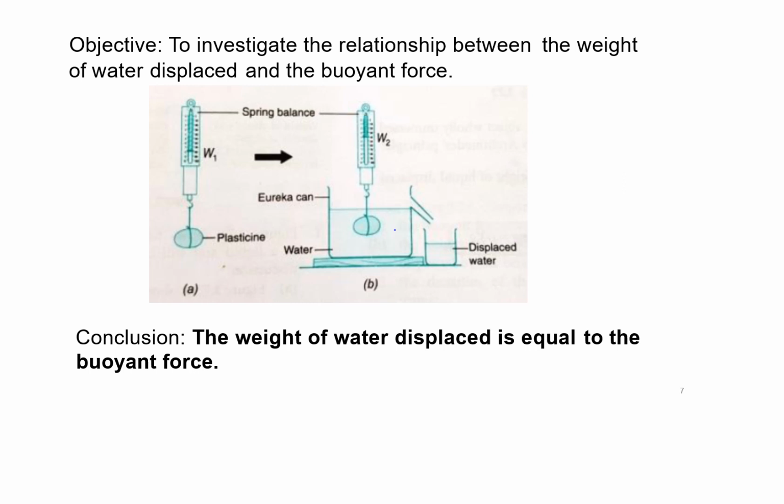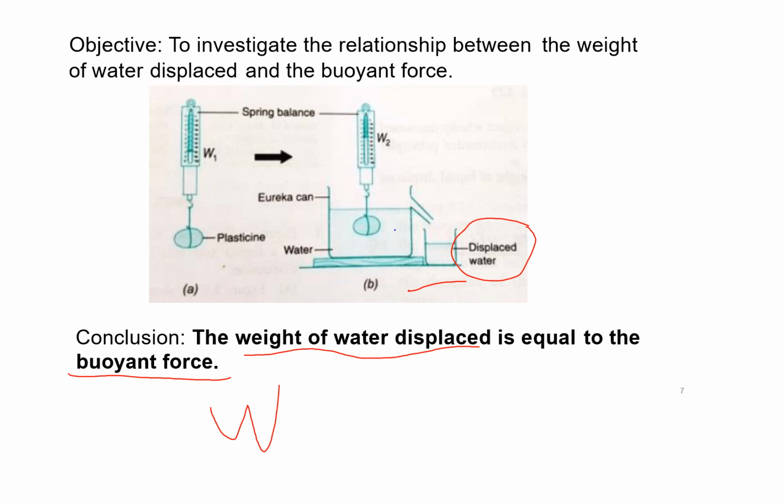When the plasticine is immersed in the water, the weight decreases, and the Eureka can displaces some water into a beaker. This is the amount of displaced water in the beaker. The conclusion of this experiment is that the weight of water displaced is equal to the buoyant force.